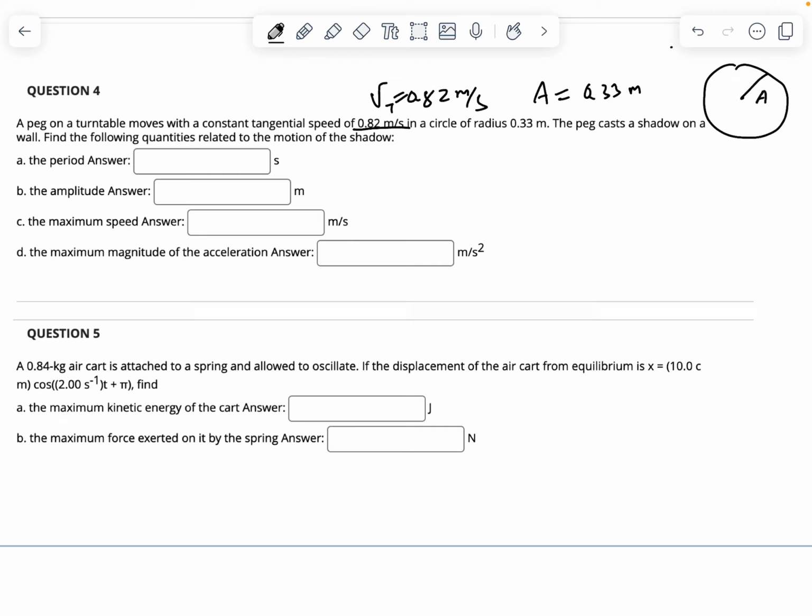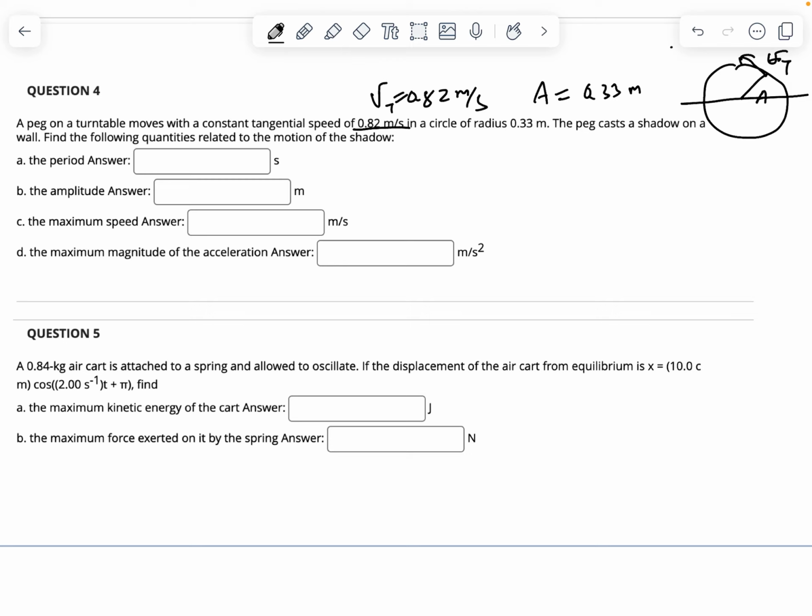This is A, and this is the tangential speed, Vt. The peg casts a shadow on a wall. Find the following quantities related to the motion of the shadow.